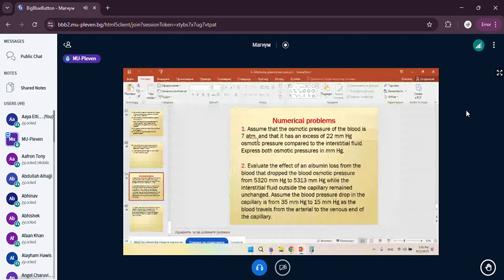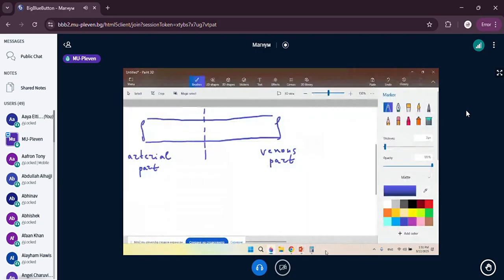So 7 atmospheres is blood osmotic pressure. Let me write: P blood osmotic is 7 atmospheres. Since other values are given in millimeters of mercury, we need to transform this into millimeters of mercury. One physical atmosphere is 760 millimeters of mercury.